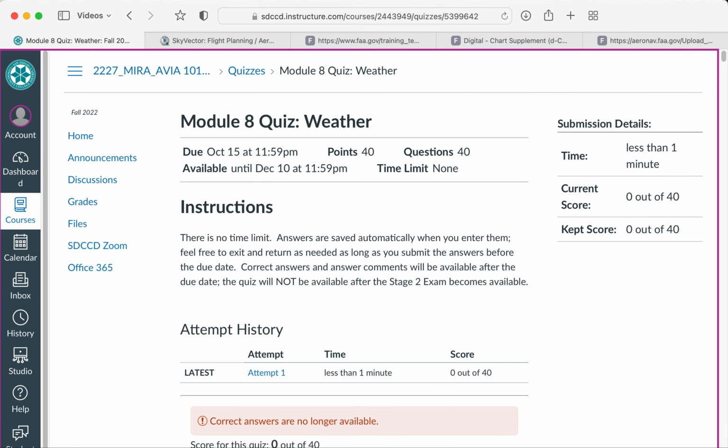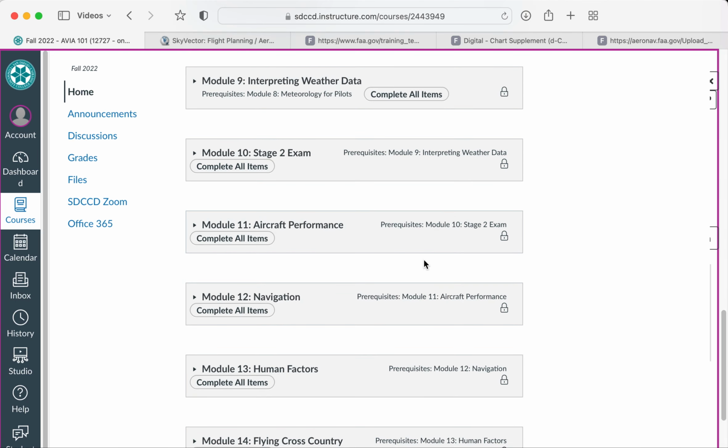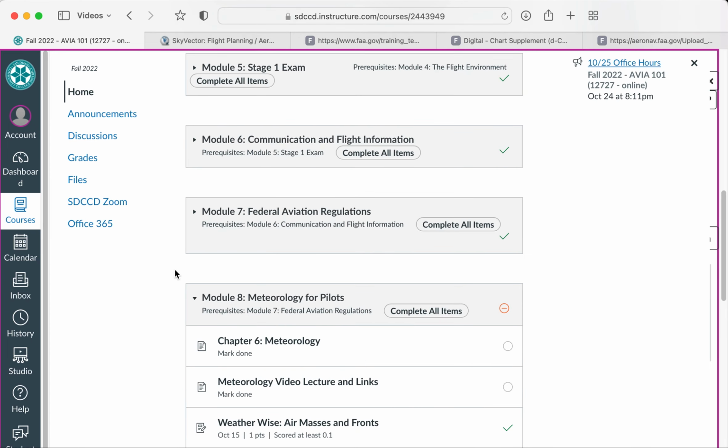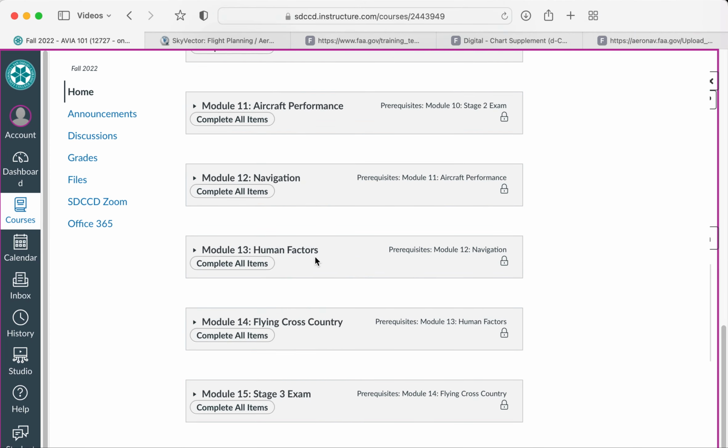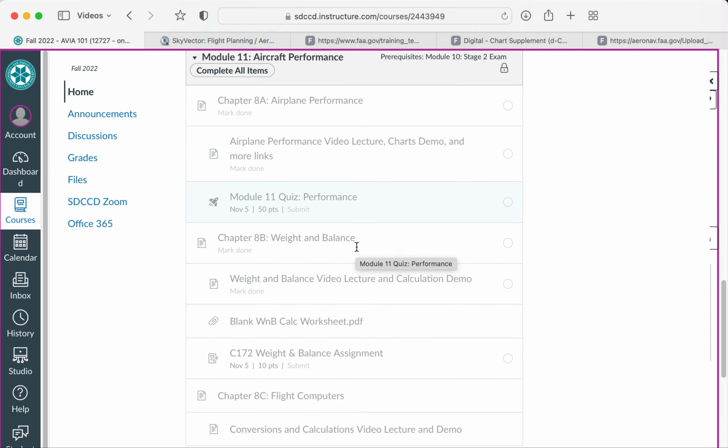Let's hop over to Canvas really quick and see anything else that we have coming up. And my student is falling behind here. We're in aircraft performance. Okay, there's the chapter you read. Here's the video you're watching and some other links, and you have a quiz on performance using these charts that we just went over.